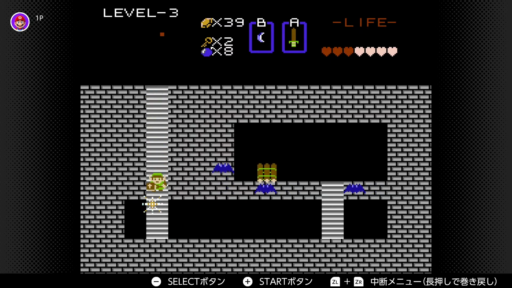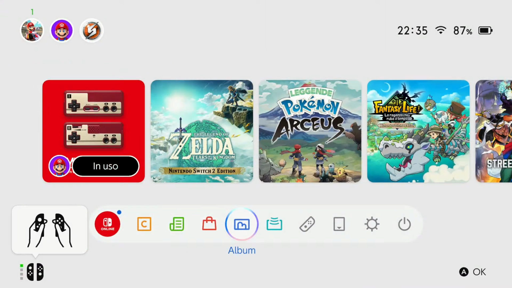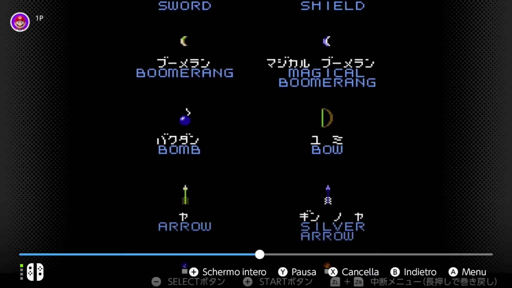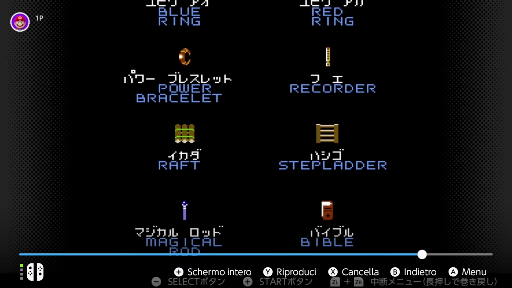And get what is technically the dungeon item. The raft. Let's see it in Japanese. Raft in English.